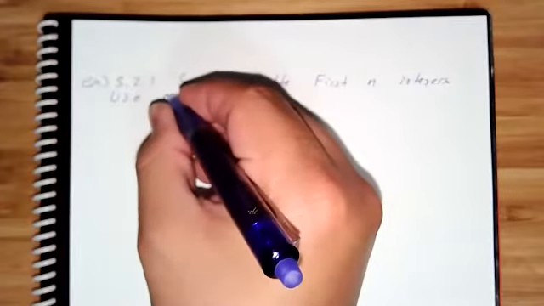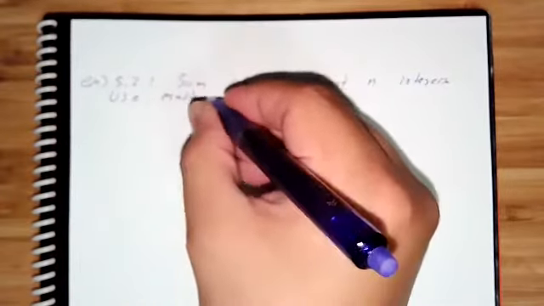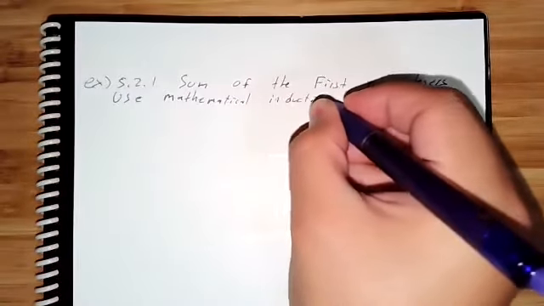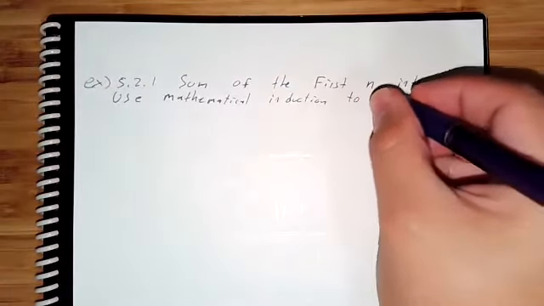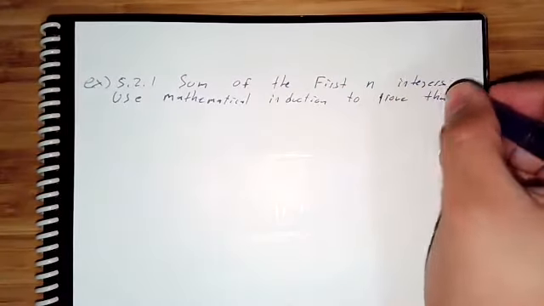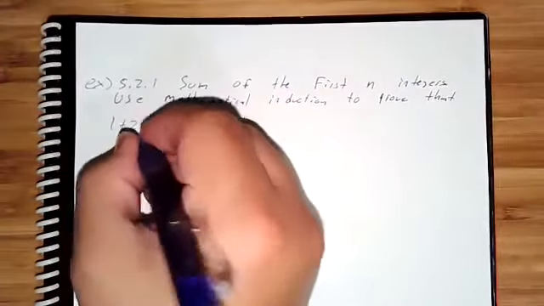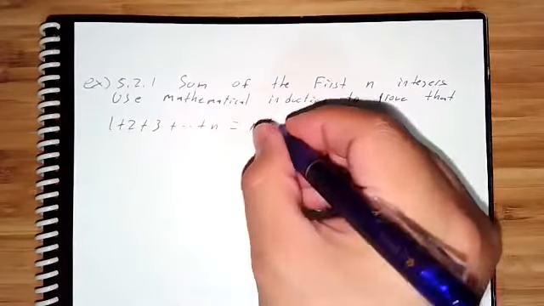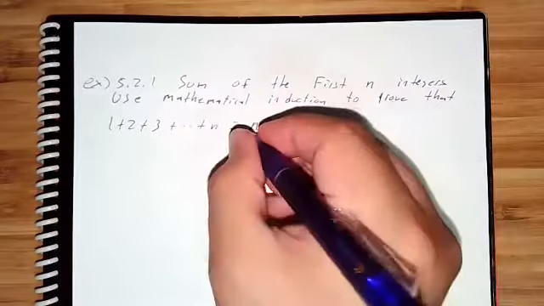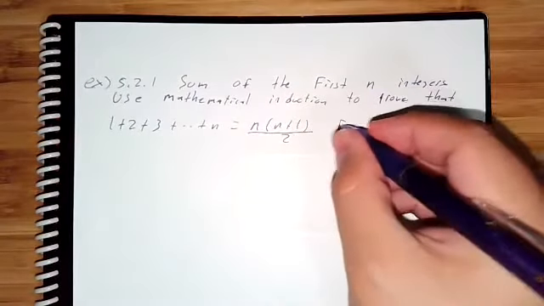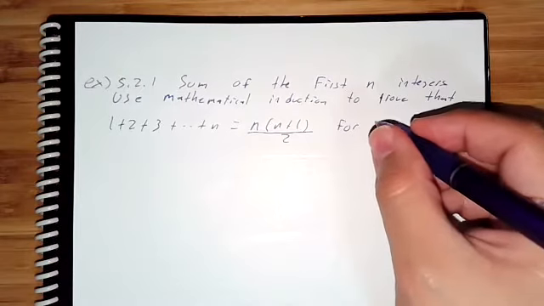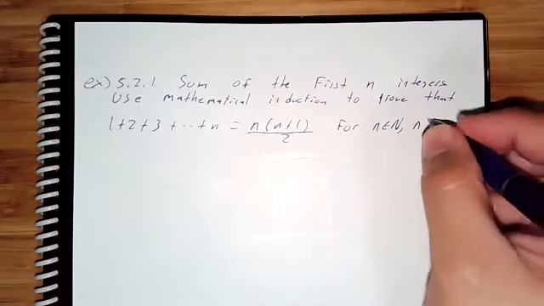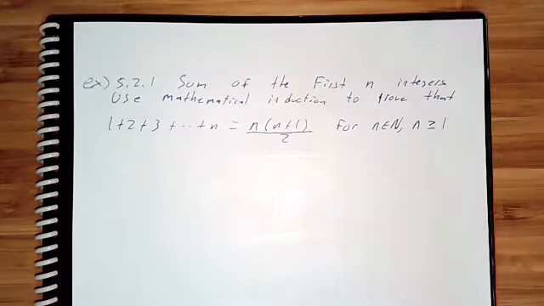Use mathematical induction to prove that 1 plus 2 plus 3 all the way till n is equal to n times n plus 1 over 2 for every integer n such that n is greater than or equal to 1.